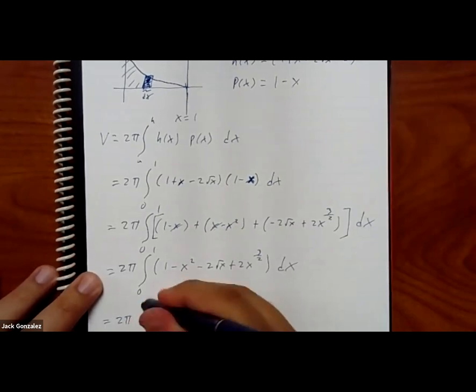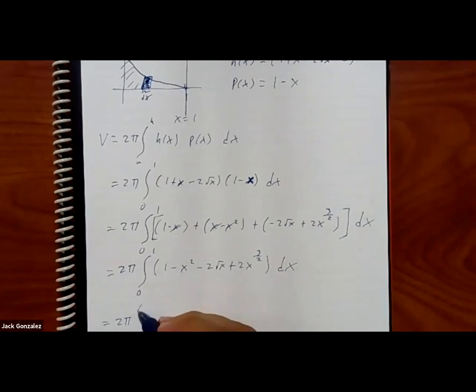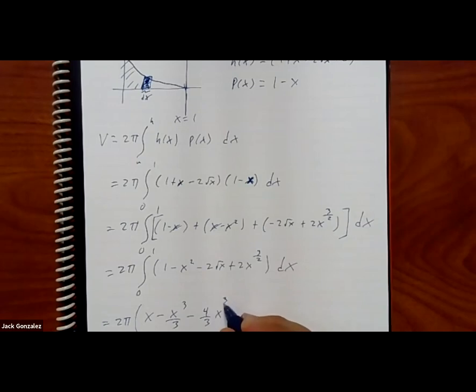So now let's integrate. So this will be x minus x to the third over 3. Divide that by 3 halves. That'll be 4 thirds x to the 3 halves, right?